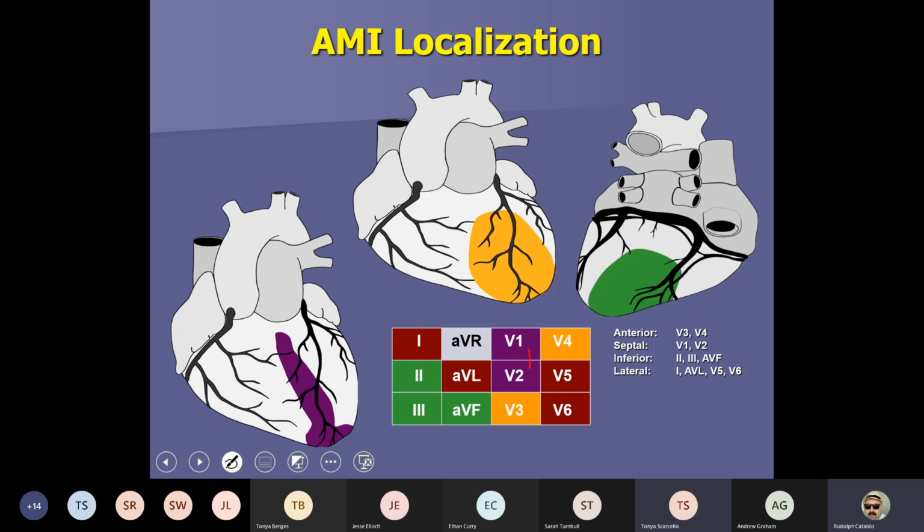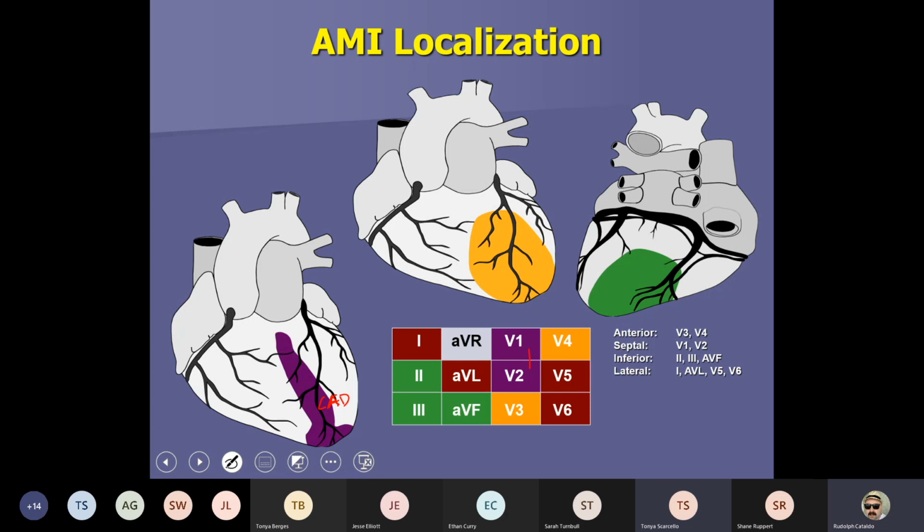Now, if I was to say which coronary artery am I looking at, which artery do you think it's looking at the most? Anterior descending. Yeah, left anterior descending, LAD. Okay, good job. If I look at that middle picture with the orange leads, that is my anterior view.